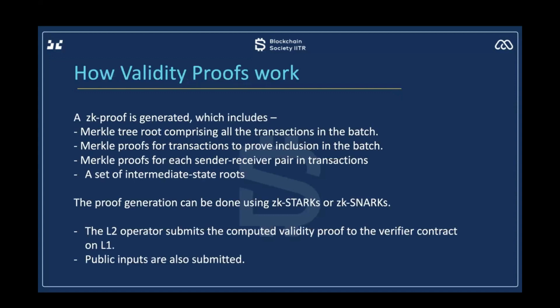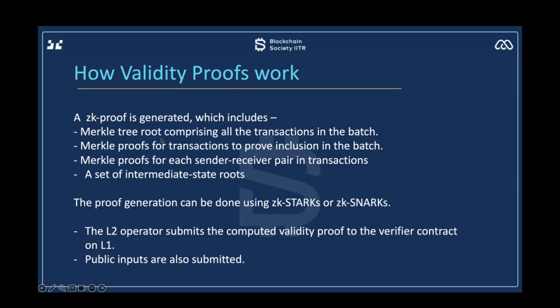Yeah. Then, how do validity proofs work? As we discussed, there is a validity proof that has to be provided to the verifier contract on the L1 blockchain. So how will the validity proof work? A ZK proof is generated. What are the things that the ZK proof includes?